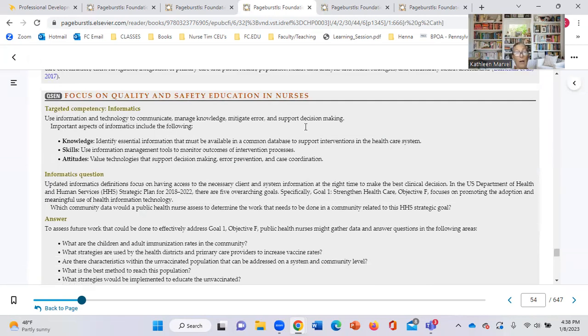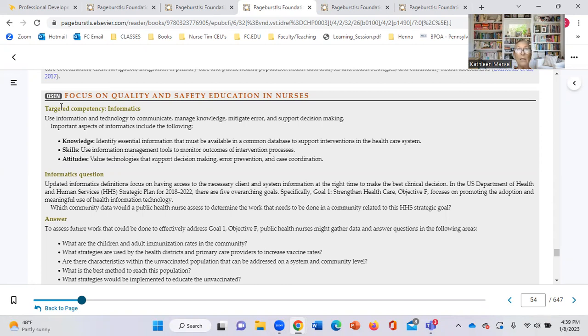Here's your QSEN box. I told you in chapter 2 they talked about your 6 targeted competencies. The last one was informatics. So this chapter, they're taking the competency of informatics and showing you how to apply it.